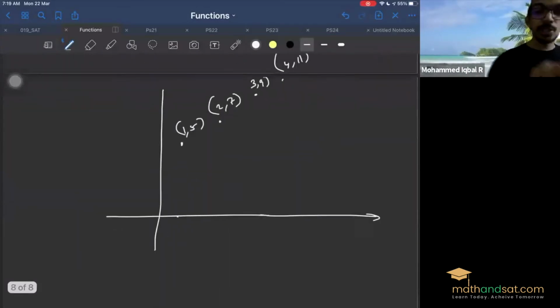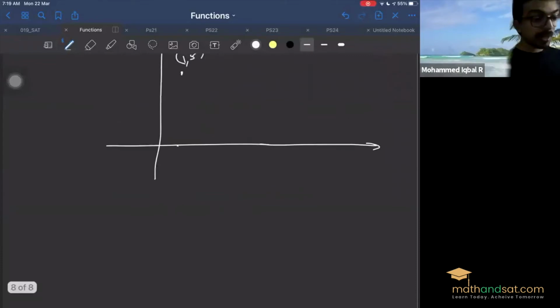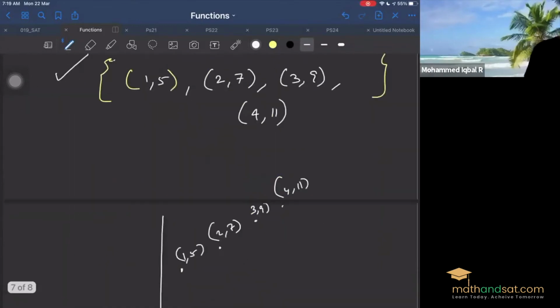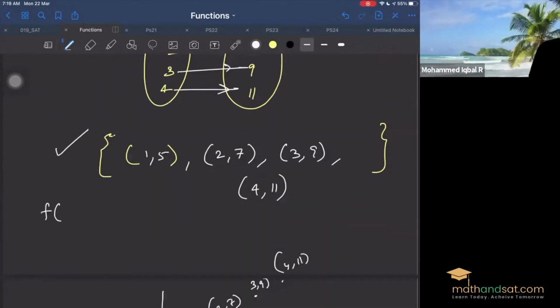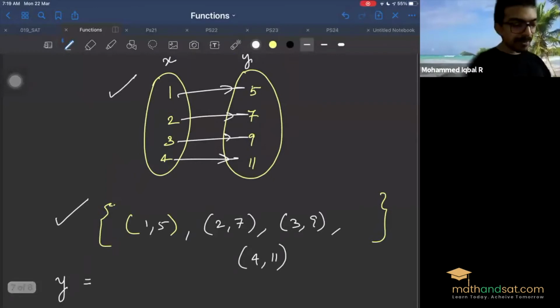Another way is using an expression that gives the relationship between the x values and the y values. For example, in this case, your f of x, or you can say y, will be of the form... 1 is mapped to 5, 2 is mapped to 7, 3 is mapped to 9, 4 is mapped to 11.